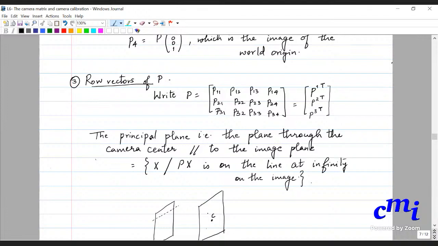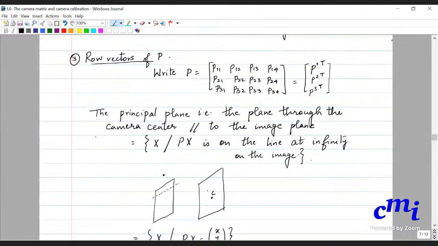First of all, remember this definition from maybe the second lecture. The principal plane is the plane which passes through the camera center and is parallel to the image plane. So that picture is here. This is the camera center C, and this is the principal plane.